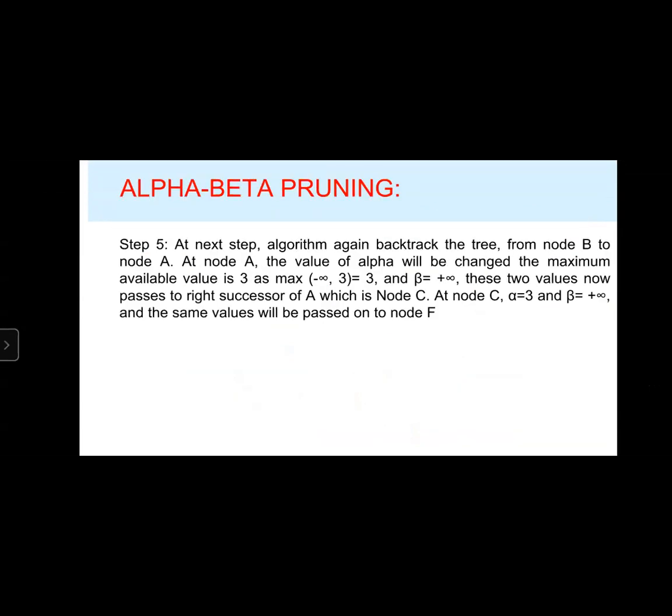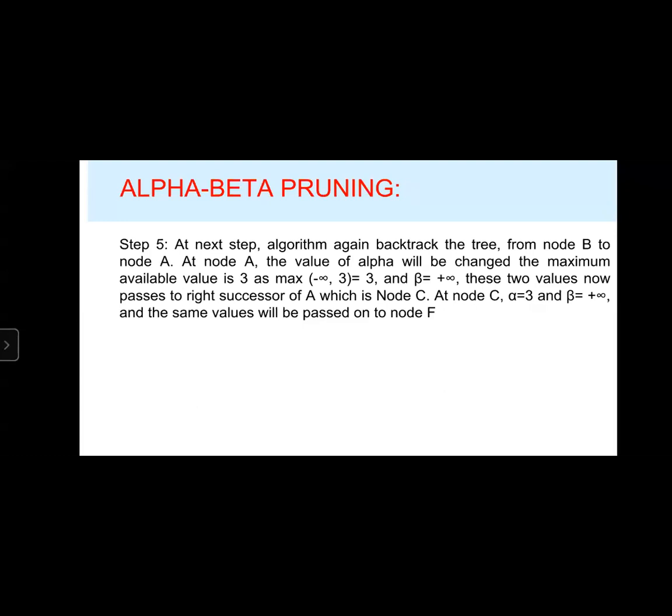And next, step 5. Here the algorithm again backtracks the tree from node B to node A. At node A, the value of alpha will be changed. The maximum available value is 3, as max of minus infinity comma 3 equals 3, and beta equals plus infinity.